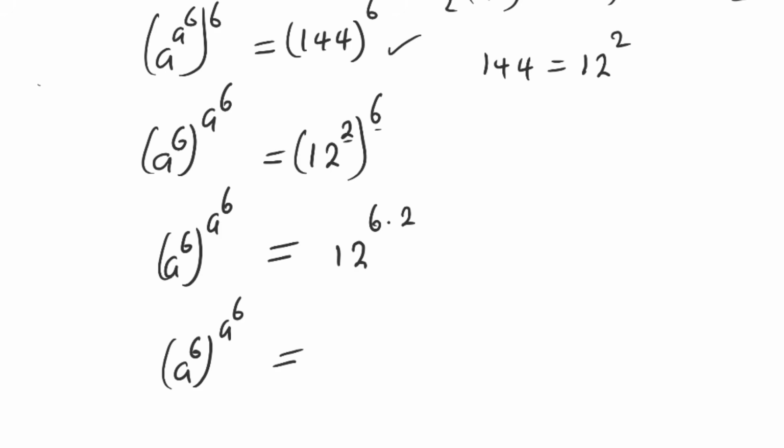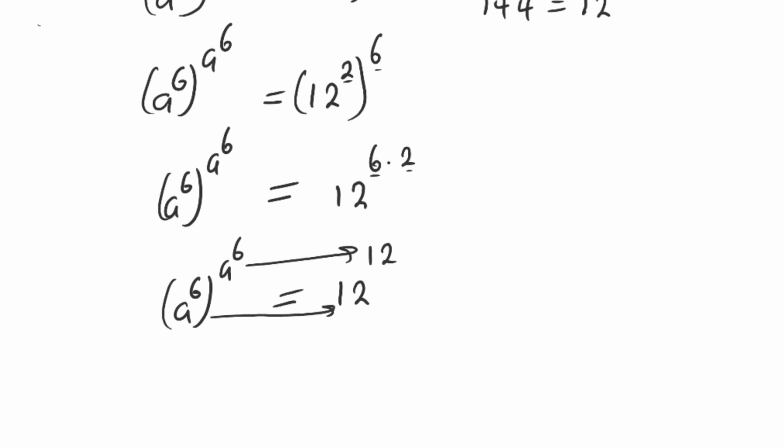This is equal to 12 to the power of 6 multiplied by 2, which is 12. And as you can see, this is equivalent to this, and this is equal to this. So therefore, a raised to power 6 is equal to 12.